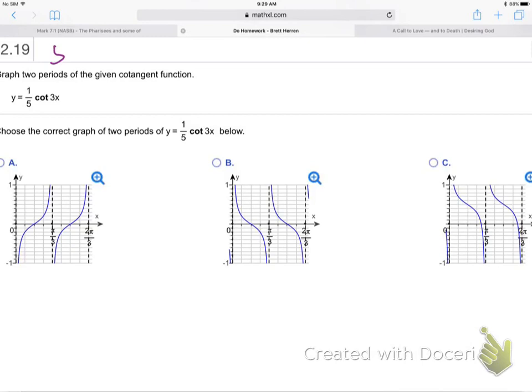All right, this is question number 5. So y equals 1/5 cotan 3x. So what do we do first? With the graphs that we're dealing with, we don't worry so much about amplitude.